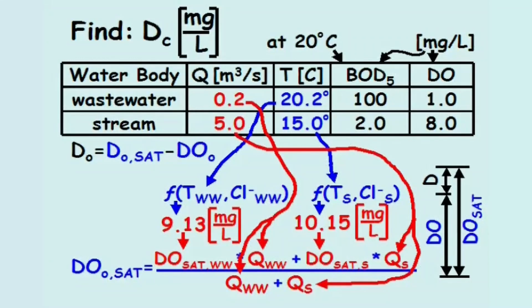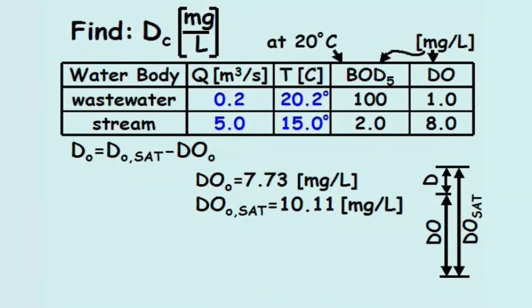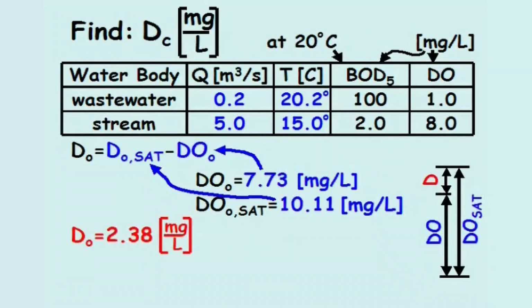The initial saturated dissolved oxygen concentration equals 10.11 milligrams per liter. By knowing the initial DO concentrations and the initial saturated DO concentration, the initial oxygen deficit in the stream equals 2.38 milligrams per liter.